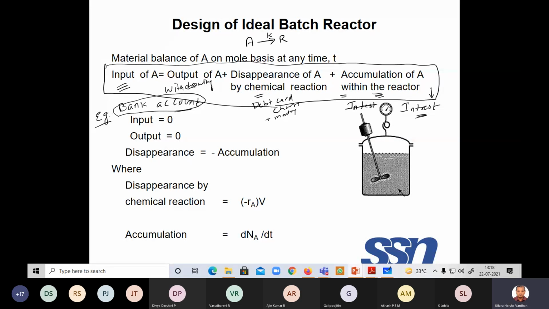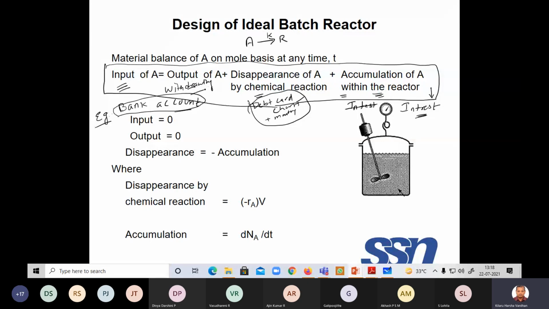Disappearance is here because of the reaction, A is getting disappeared. That is like your money being withdrawn by the bank itself without your approval. If you have a debit card, they'll take debit card charges without your approval at all. Every 6 months, they'll take some 90 or 100 rupees.